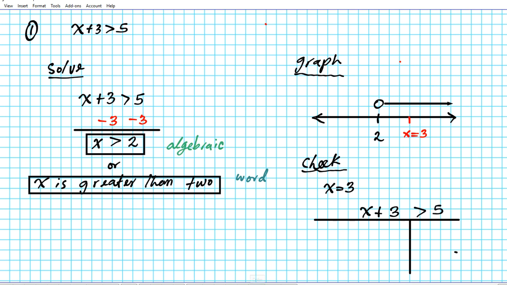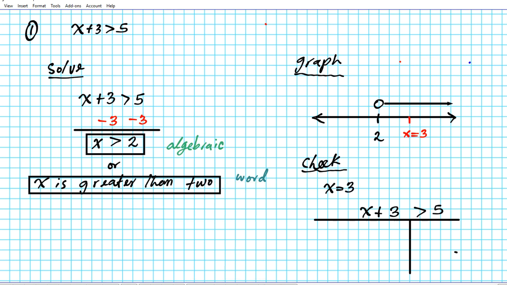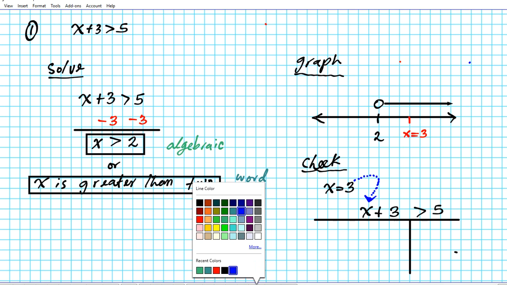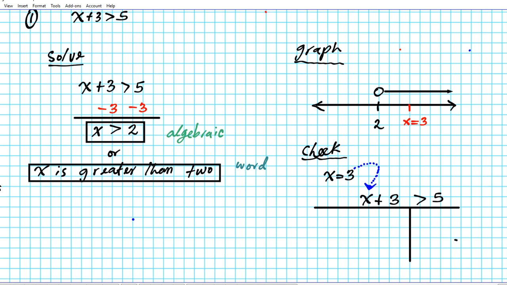We take the number that we selected to check with and plug it into the x in the inequality, checking to see if we end up with a true statement. If the statement is true, our solution is correct. If it's false, then maybe our check is wrong or our computation is wrong or both are wrong. So let's see what happens here.